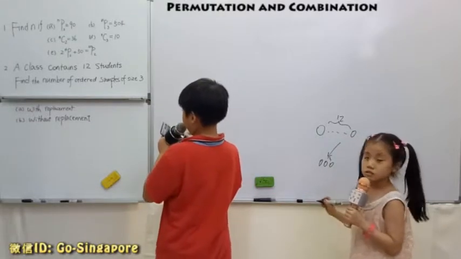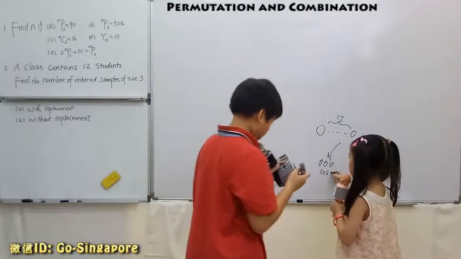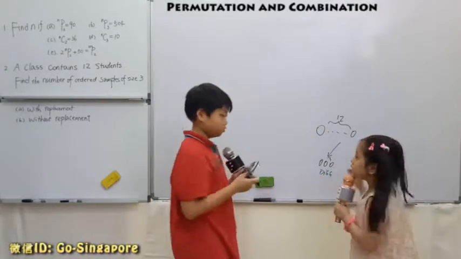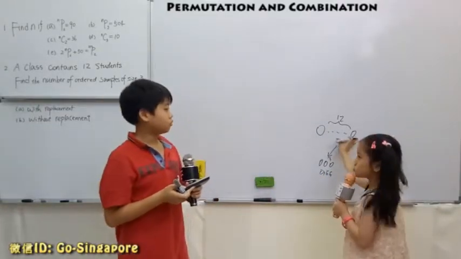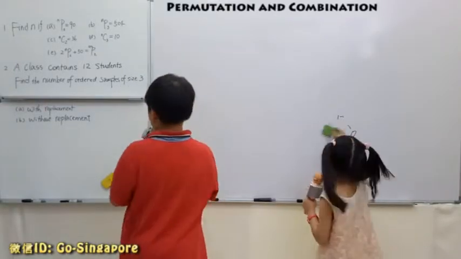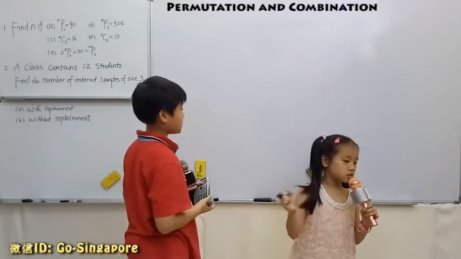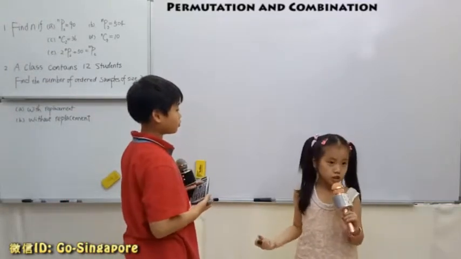Find the number of ordered samples of size 3. That means from 12 students, you need to have an order here, remember? That means the positions are all different.